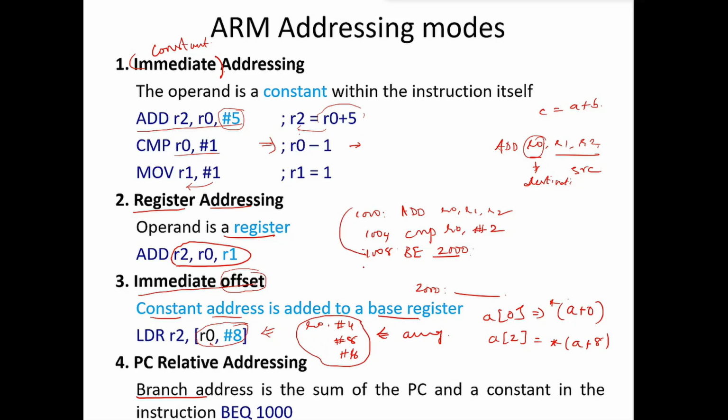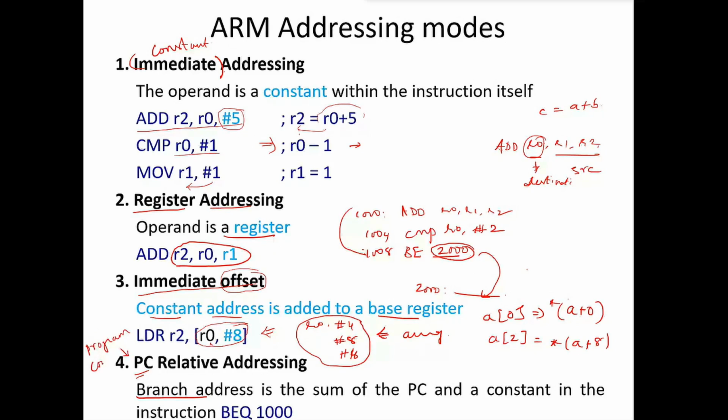You know what the program counter is. Whatever instruction is executing currently, the address of that will be stored in the program counter. It will be added to this, move to that location, and start executing the instructions. So they call it PC relative addressing. What is PC here?